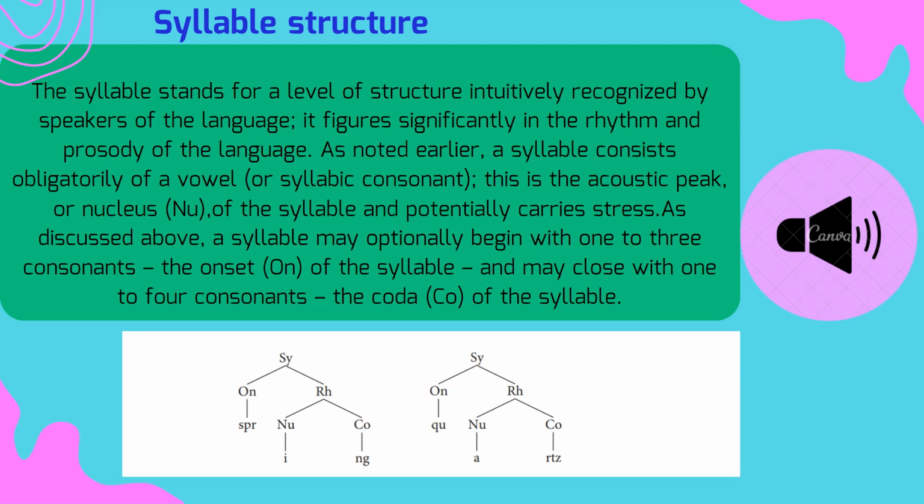This is the acoustic peak or nucleus of the syllable and potentially carries stress. As discussed above, a syllable may optionally begin with 1 to 3 consonants, the onset of the syllable, and may close with 1 to 4 consonants, the coda of the syllable.